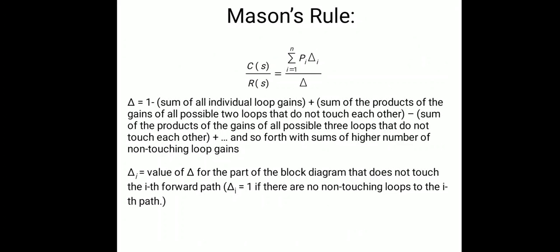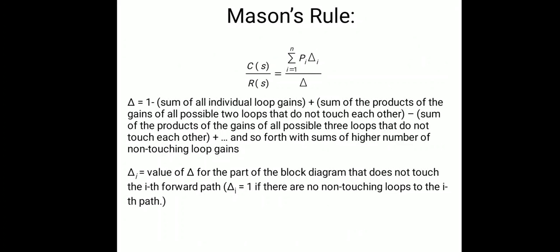Here i is the number of the forward path. If there are two forward paths, there are two values, delta 1 and delta 2, and the transfer function by Mason's gain rule becomes P1 delta 1 plus P2 delta 2 upon delta. If there is only one forward path, the formula will be P1 delta 1 by delta only.